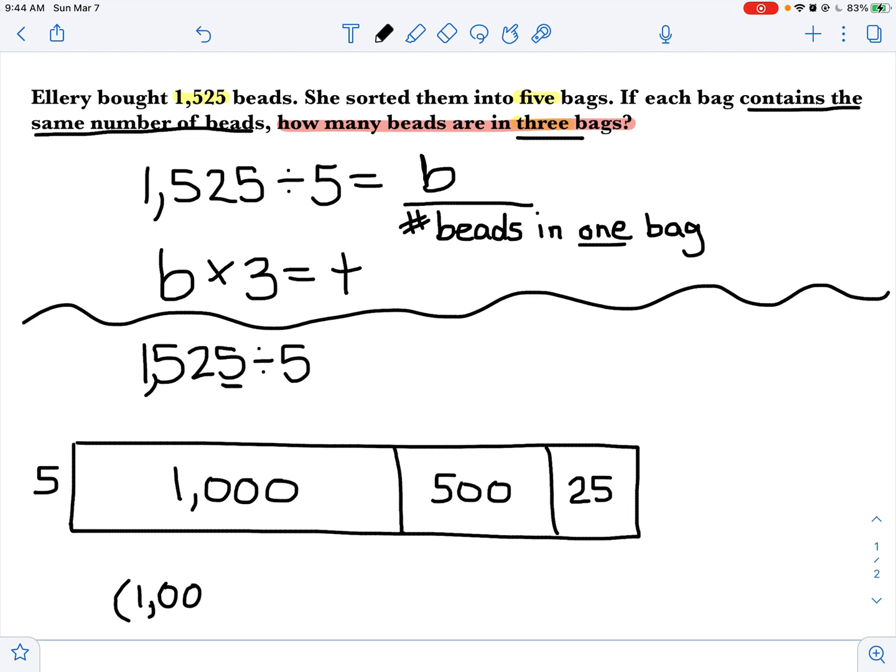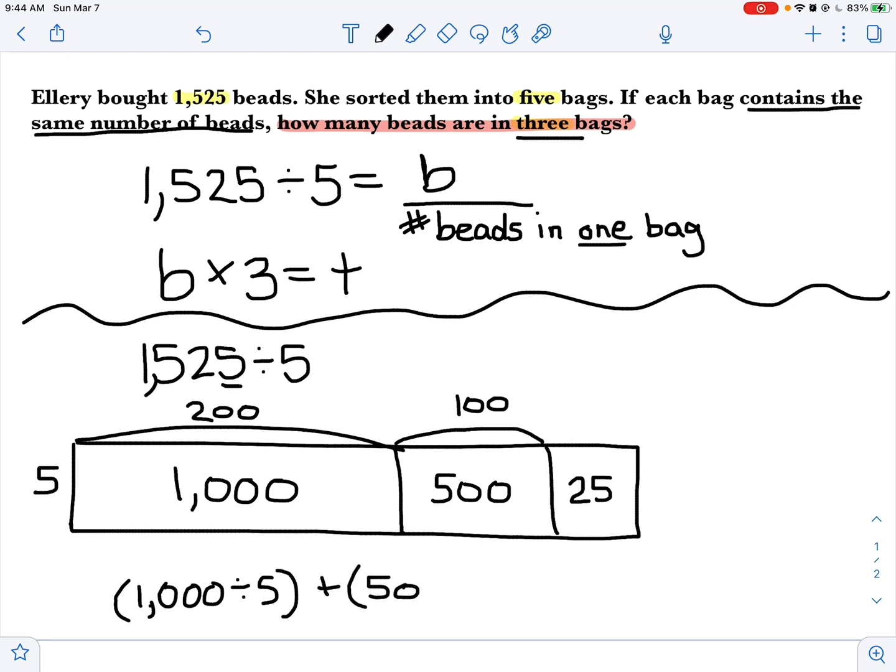So I know that 1,000 divided by 5 is going to be 200. Whoops, I don't want to write my equal sign there. It's going to be 200 because I know 10 divided by 5 is 2, 100 divided by 5 is 50, so 1,000 divided by 5 is 200. I know 500 divided by 5 is going to be 100.